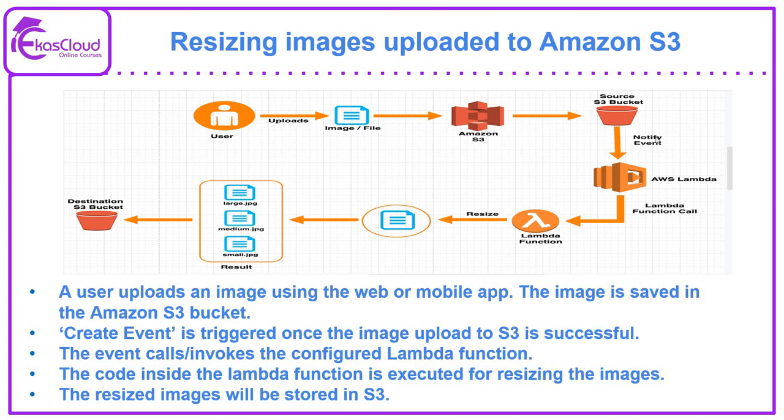And this triggers an event. Once it's uploaded, an event is triggered on AWS Lambda, and then the Lambda function is activated or invoked, and the code written will resize the image that was uploaded into your S3 bucket.